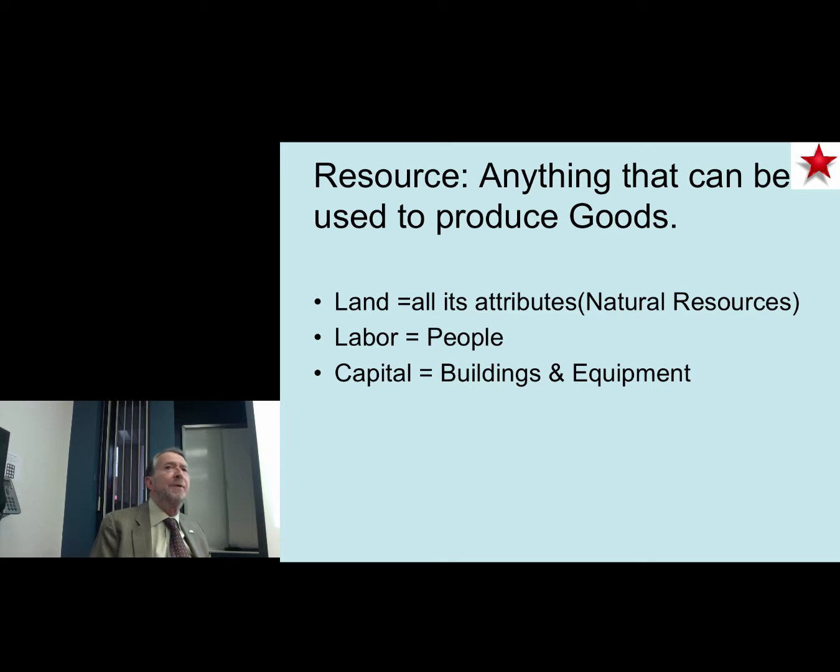In finance, capital is referred to as money. In economics, if I want to talk about money, I will call it money. So capital means real stuff out there. There's both human capital, which is abilities of individuals, and standard capital, which is the actual buildings and equipment. And I'd like to add another category, and that is time.